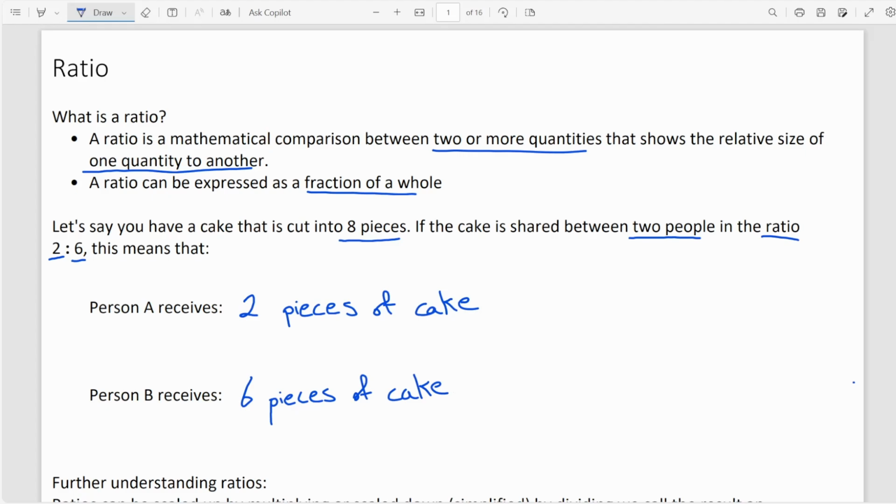So this is what ratio is. As you can see, we're showing the relative size of one quantity to the other. So 2 and 6.